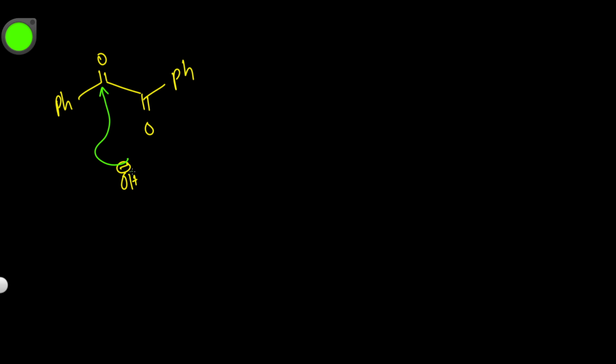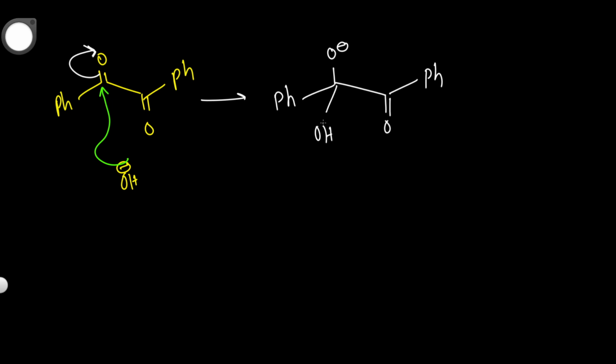So when this OH minus attacks this carbonyl electron deficient center, due to the attack the pi bond will break and go onto the oxygen as a negative charge, and you will get something like this: O minus, here a double bond, here a Ph, and here the OH.